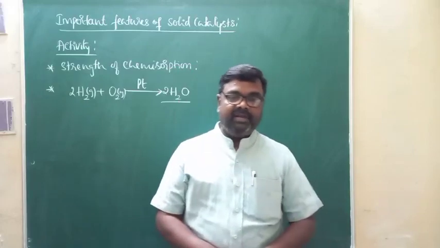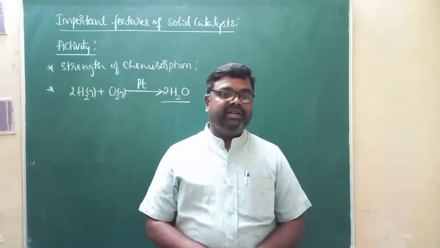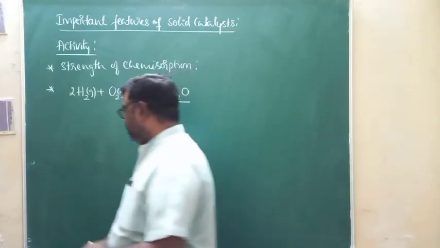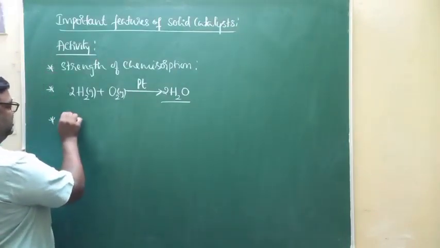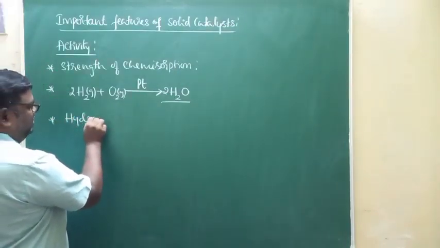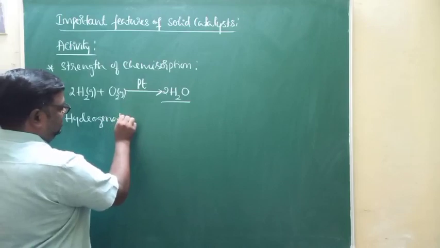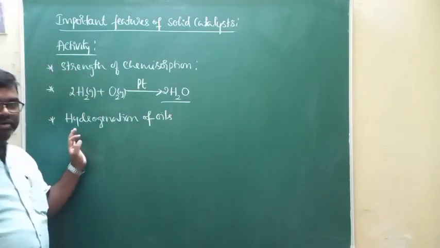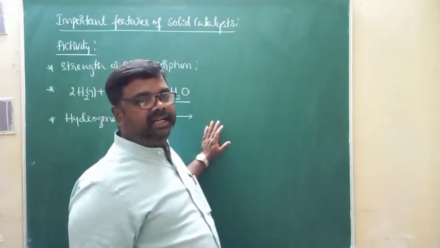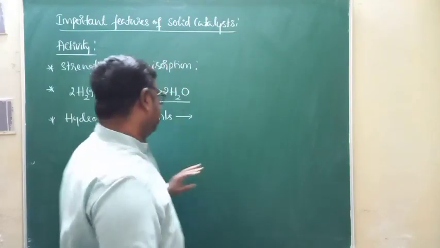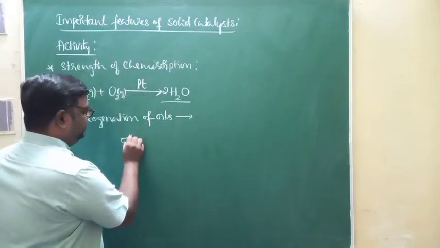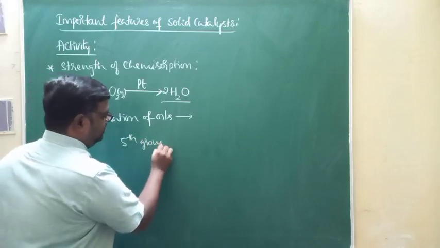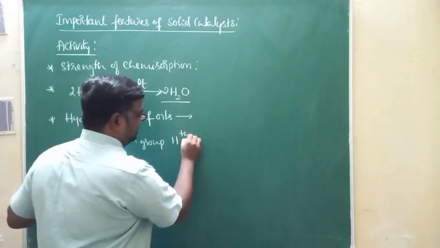At the same time, as far as the activity of catalyst is concerned, with respect to the reaction hydrogenation of oils, the catalytic activity of transition metals increases from 5th group to 11th group in the periodic table.